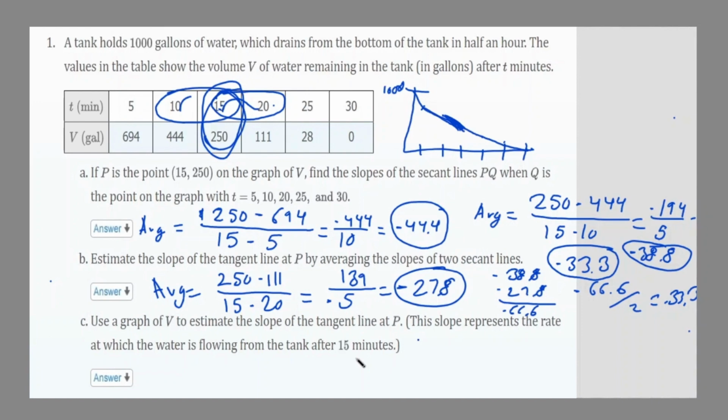And for C, the question is use a graph of V to estimate the slope of the tangent line at P. This slope represents the rate at which the water is flowing from the tank after 15 minutes. Now we already kind of drew a graph here. Of course you could draw it in a more upscale fashion, like a bigger one, to better figure out the slope of the tangent line at P. But through the calculations, even if you drew a physical graph, it would still come out to around 33.3.